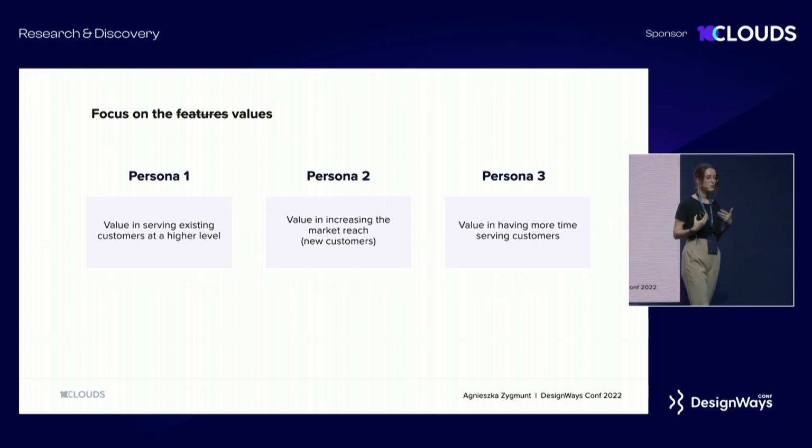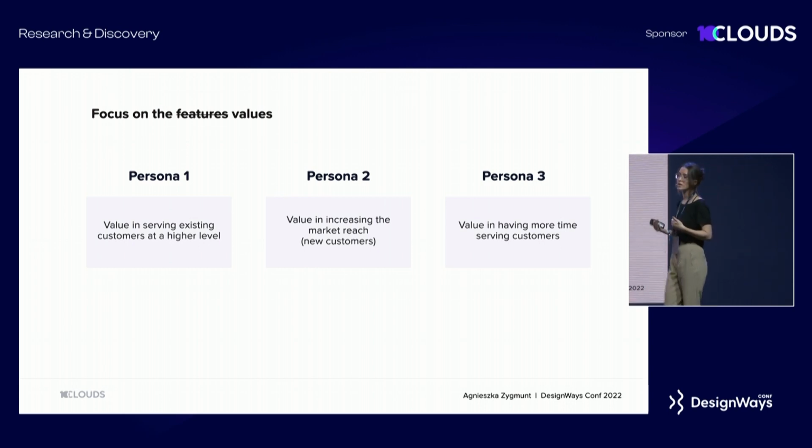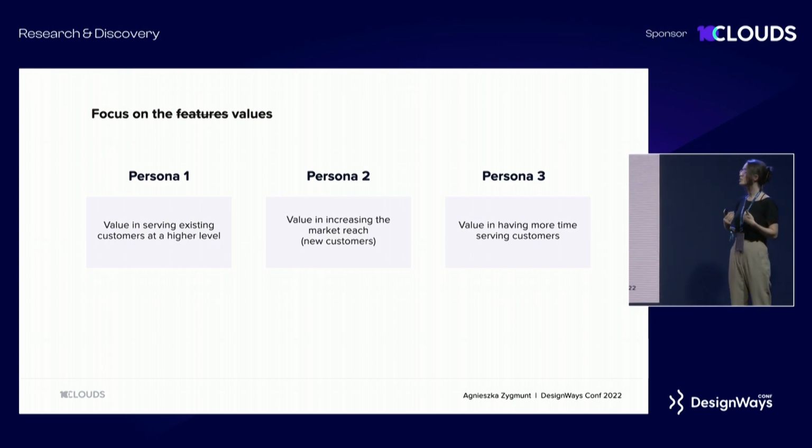So they are looking for this value. For the second persona, the value will be if they are able to increase the market reach. So it's all about gaining new customers. So as you can see, we have a higher level of service and we have new customers. And the last one, the value for them is not about new customers or a higher level of service. The value for them is just to have more time for serving the customers they already have.